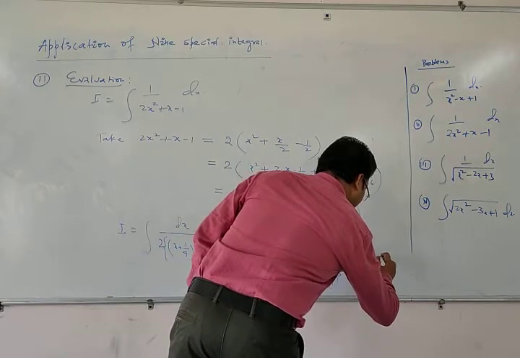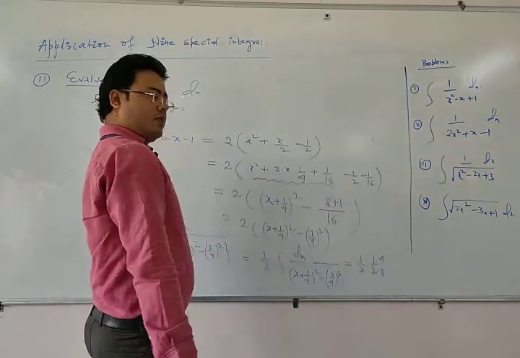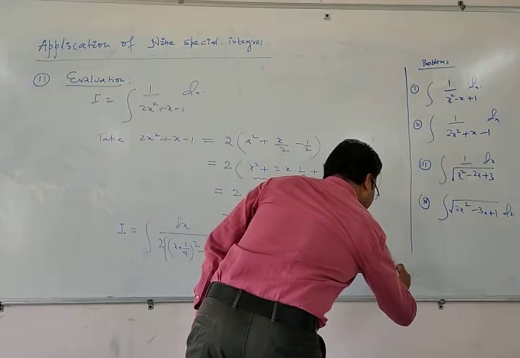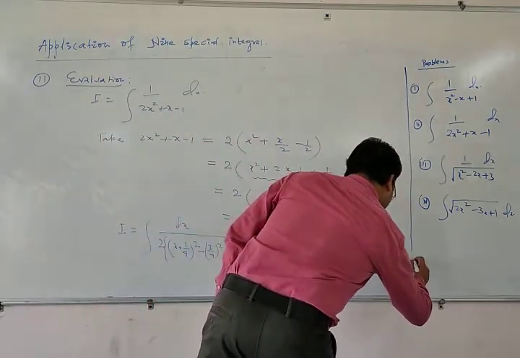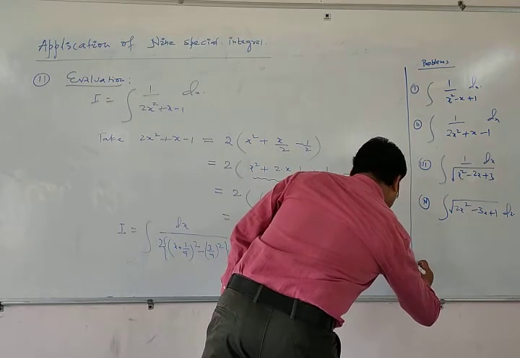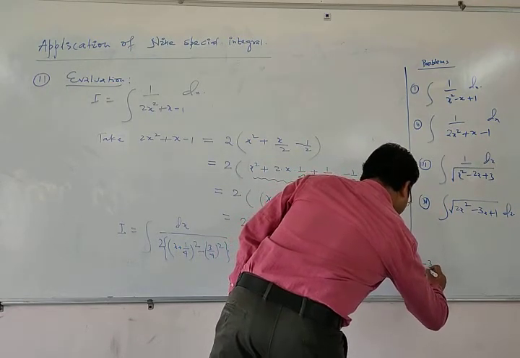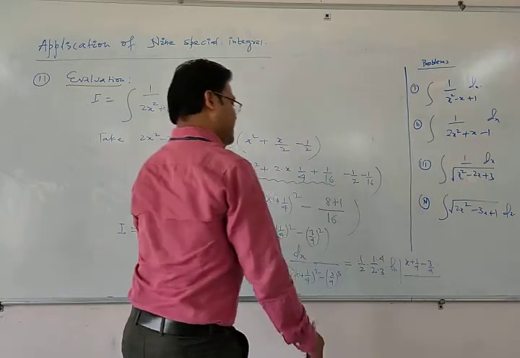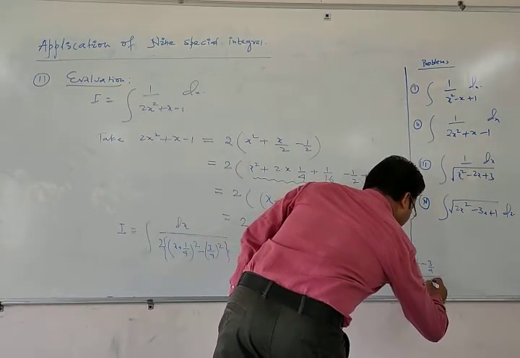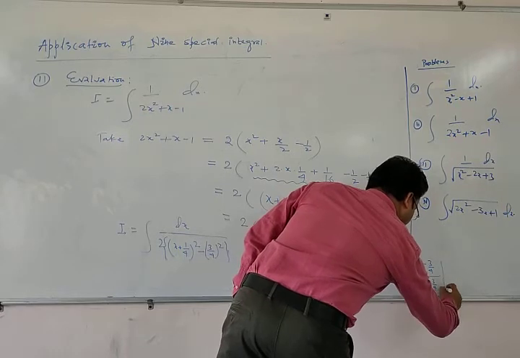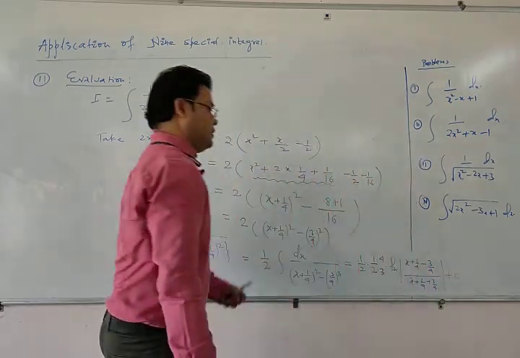So 3 by 4 into ln mod of (x minus a) upon (x plus a), that is, (x plus 1 by 4 minus 3 by 4) upon (x plus 1 by 4 plus 3 by 4), plus constant term c.